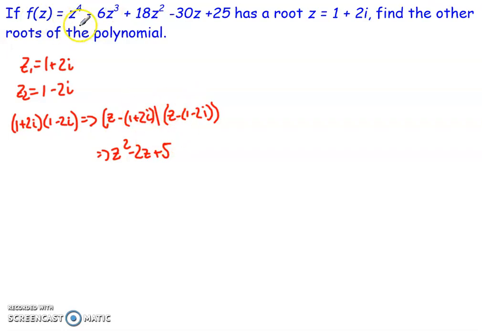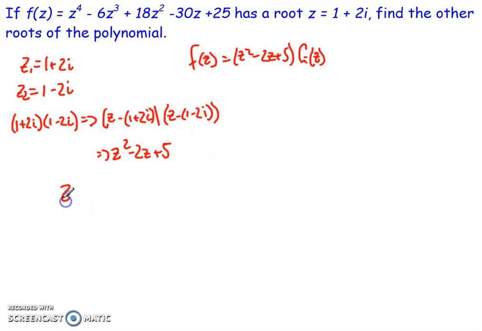So for f of z, what that means is f of z is going to equal z squared minus 2z plus 5 from these two first roots, times some other polynomial, which in this case we know is a quadratic, with the highest power of 2, which will give me the other two complex roots of the polynomial. So what we have to do is algebraic long division in order to get that.